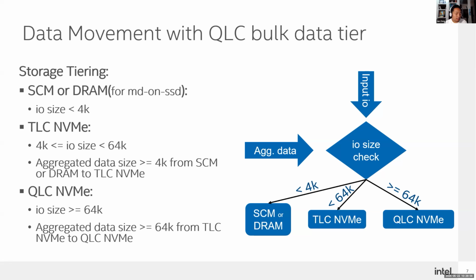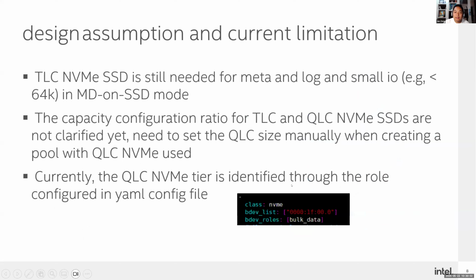Let me answer the second question first. Here I pointed out the conversion ratio for TLC and QLC is not clarified yet. The case you describe, where TLC runs out and there is a lot of QLC volume remaining, is possible.